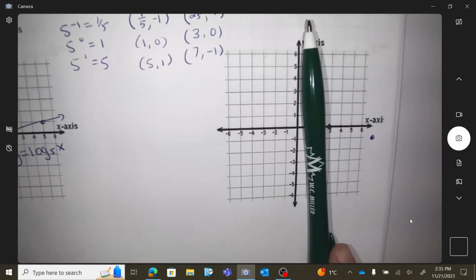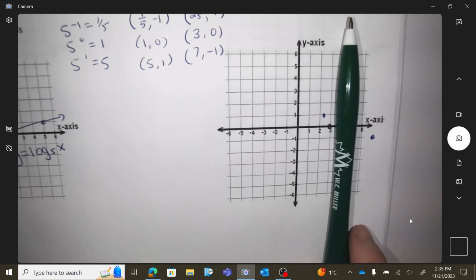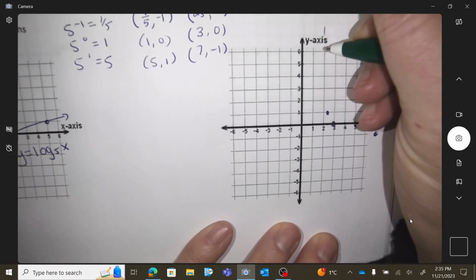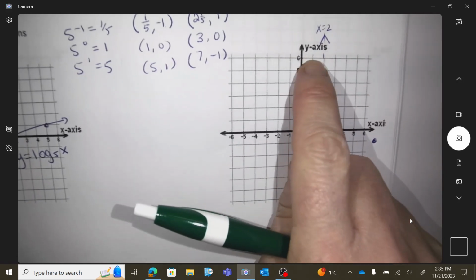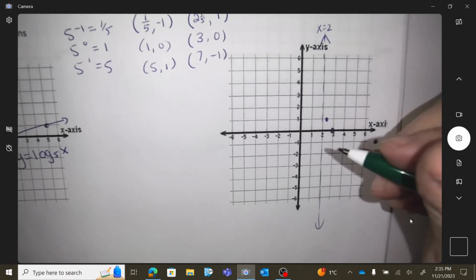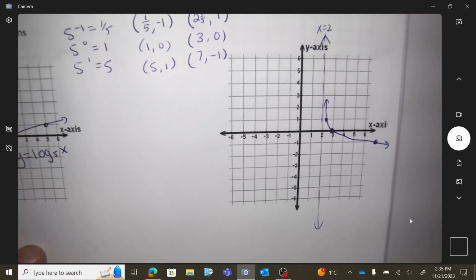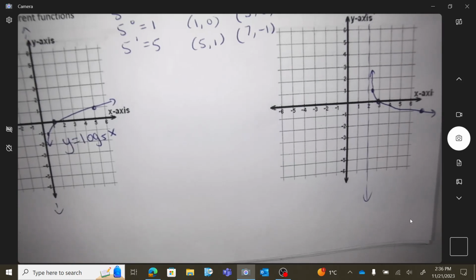Okay, asymptote was here. The only way to move an asymptote in this way is if you move it left and right. So it would have moved to the right 2. If you needed the equation on a question, it would be x equals 2 is the asymptote. And there's the shape. Okay? It reflected. Do you see it? Reflected over the x-axis because of that negative a.